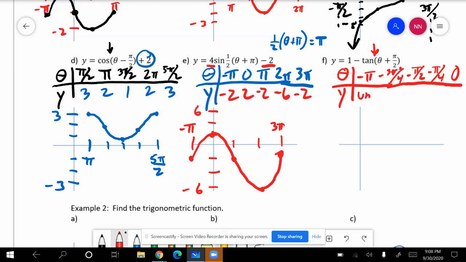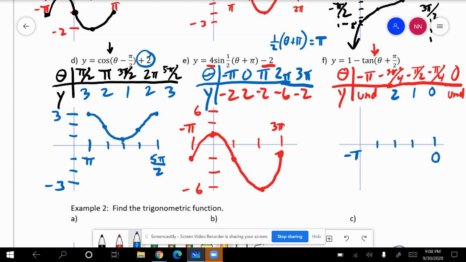Tangent's really nice for the y's because I start with undefined and I end with undefined. Remember, it goes negative 1, 0, 1. So when I plug in a negative 1, negative negative is a positive. When I plug in 0, I get 1. And when I plug in 1, I get 0. So I'm starting at negative, this one right here, I'm just going to call this negative pi.